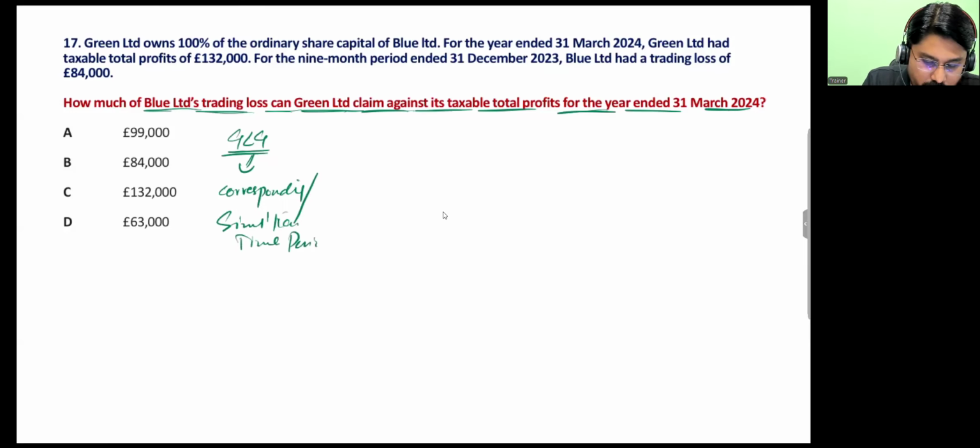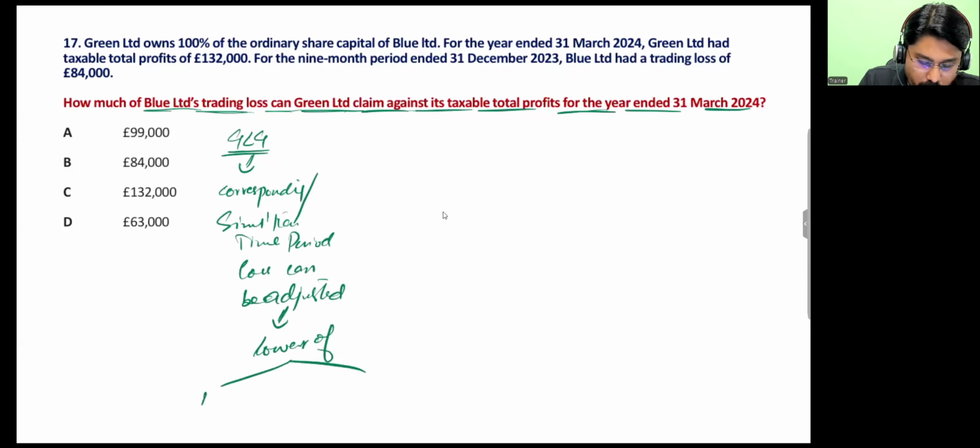Similar time period loss can be adjusted, but according to the lower-of concept: the lower of the profits amount or the loss amount. By keeping this concept in mind, you can attempt this question. Your time starts now.